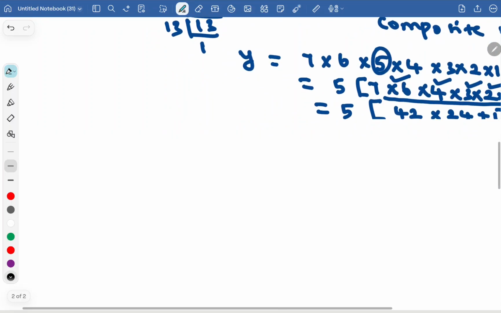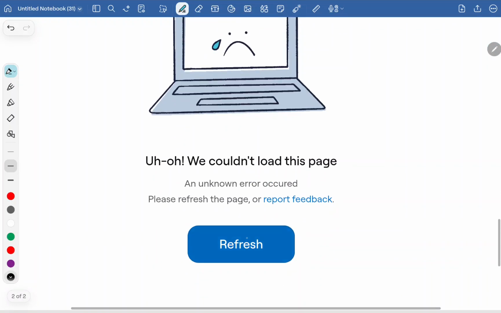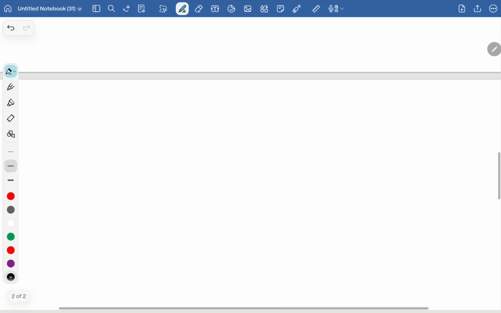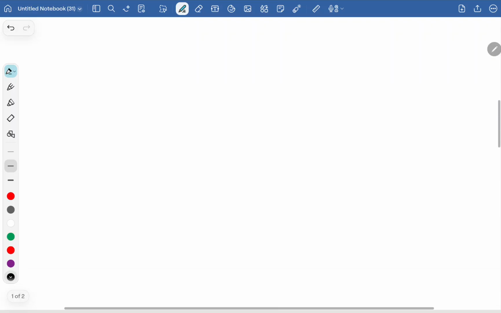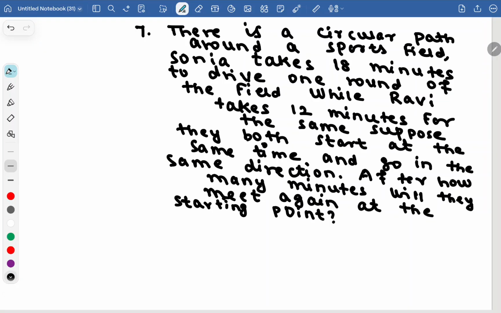Now I am going to proceed further to discuss problem number 7, which is the last problem in exercise 1.1. In problem 7, it is given that there is a circular path around a sports field.